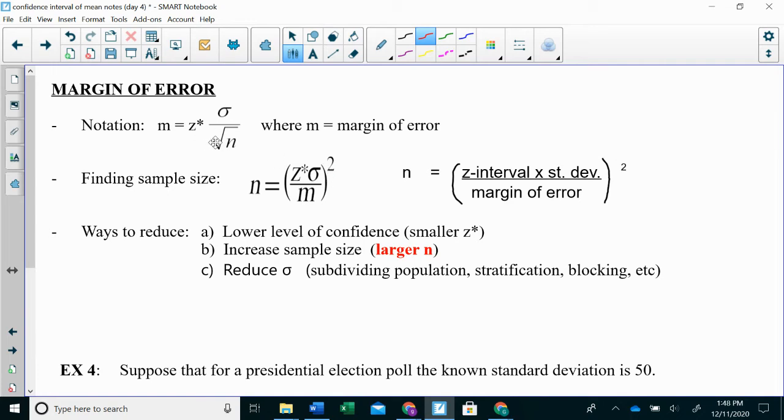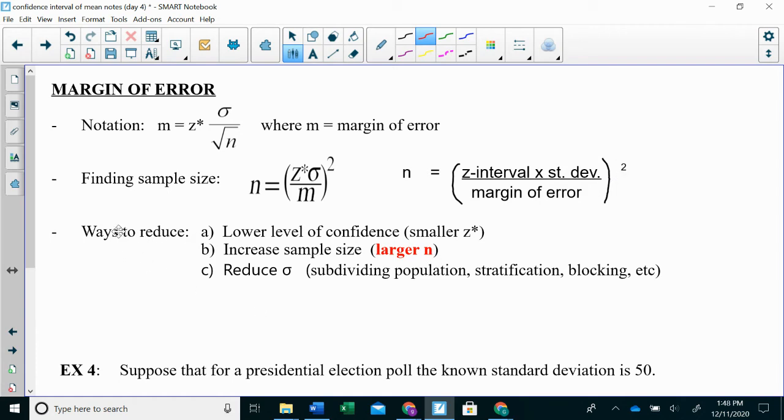The square comes from canceling out the square root. So that's the formula for it using notation. To the right, you see where I have that typed out using words to make it more comprehensible. Z interval, that Z asterisk, that's the Z interval times the standard deviation, divided by the margin of error that we're trying to accomplish, and all of that quantity then squared.